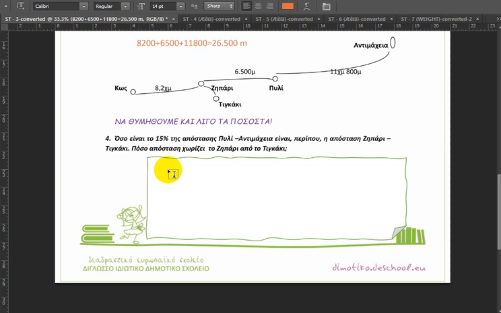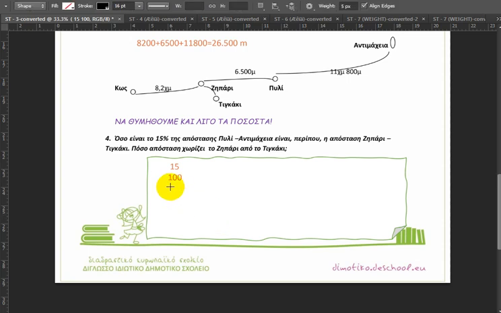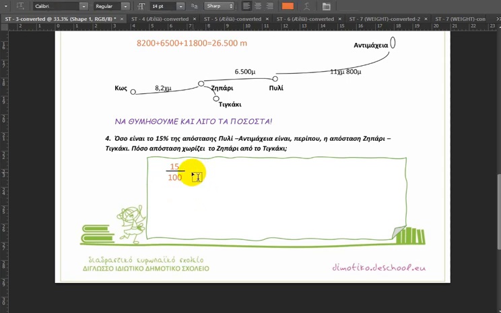How would we do that? We would say 15 over 100. And then we would multiply that by 11,800.